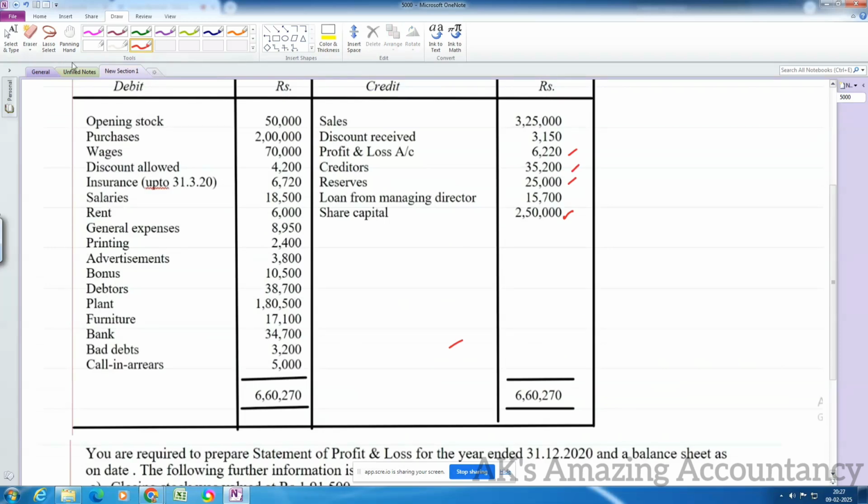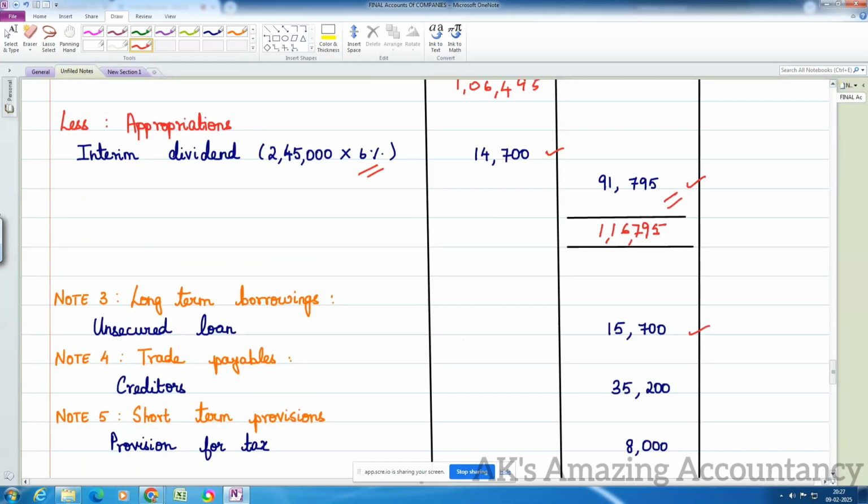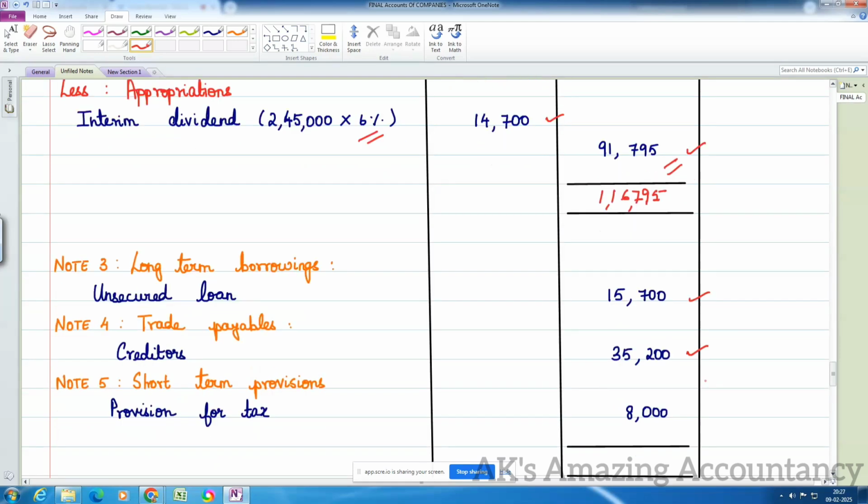So this creditors will come now, 35,200. Then note 5 is for short-term provisions. For short-term provisions, we are already given provision for taxation in the problem, that 8,000 will come. Okay, so these are the various notes to accounts we have. So how much is short-term provisions? Note 5 short-term provisions is 8,000, that is provision for tax.